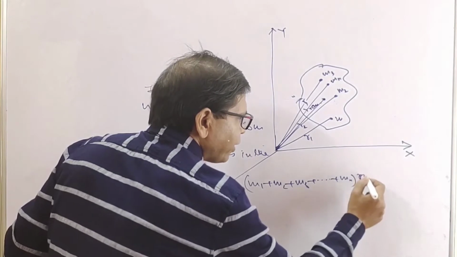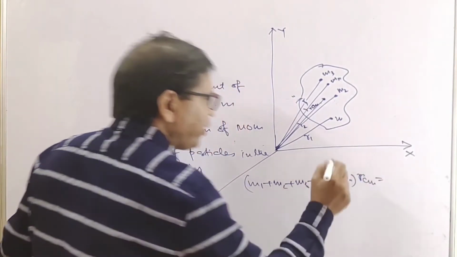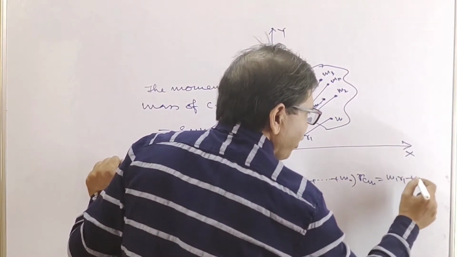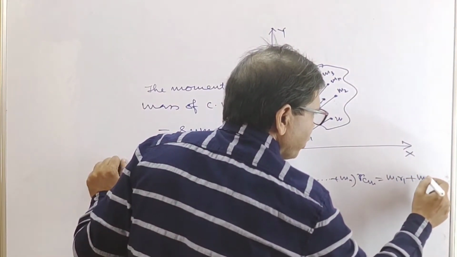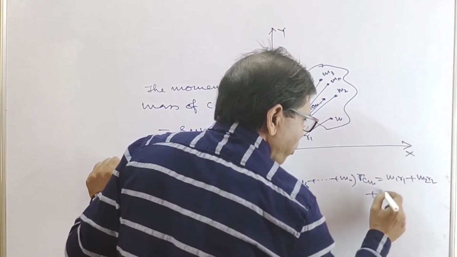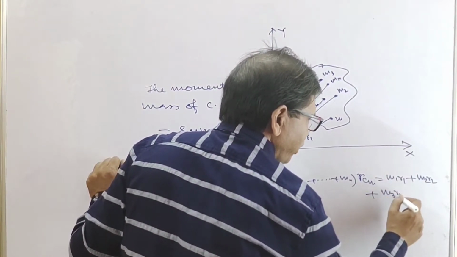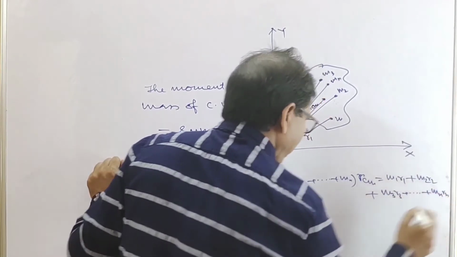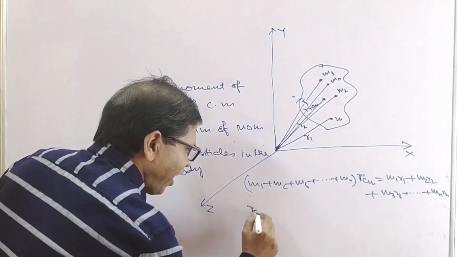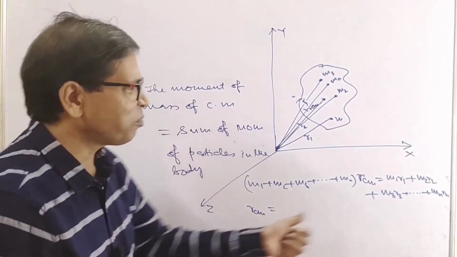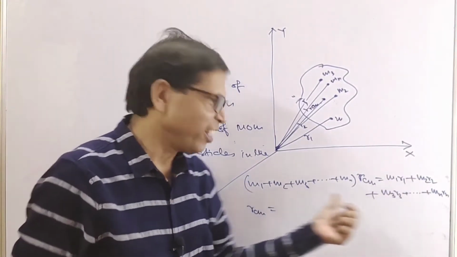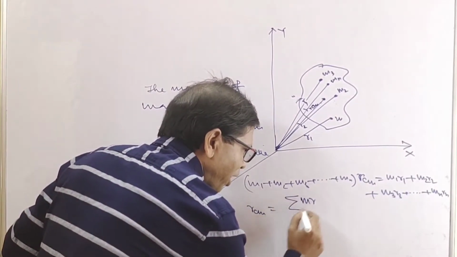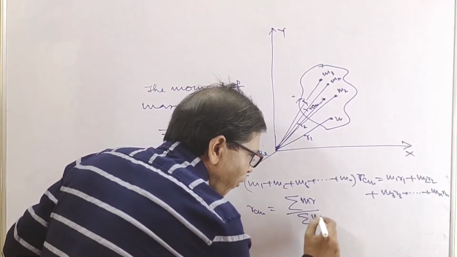This is equal to the moment of mass of m1, which is m1r1, the moment of mass of m2 is m2r2, the moment of mass of m3 is m3r3, plus ... plus mnrn. So here rcm is equal to summation of moment of mass divided by summation of mass.